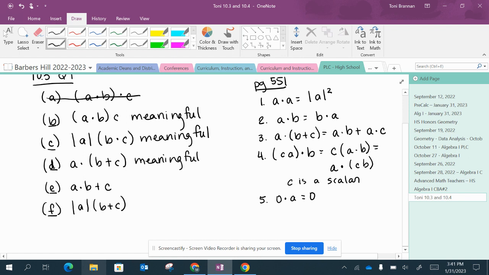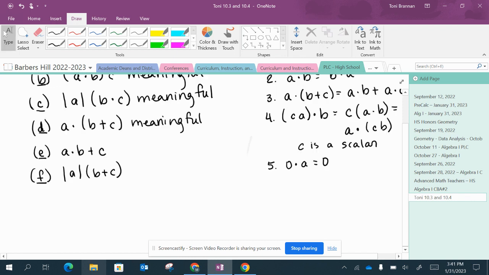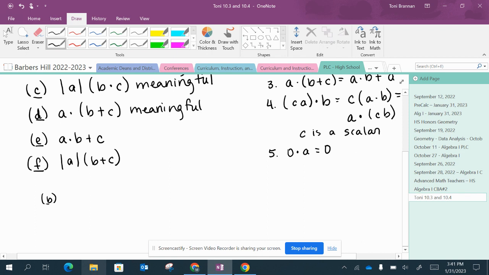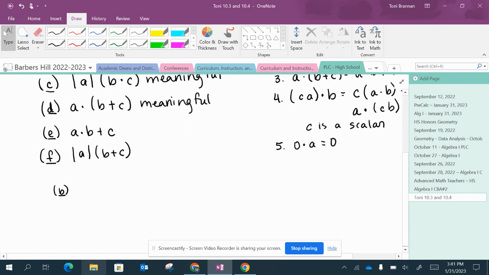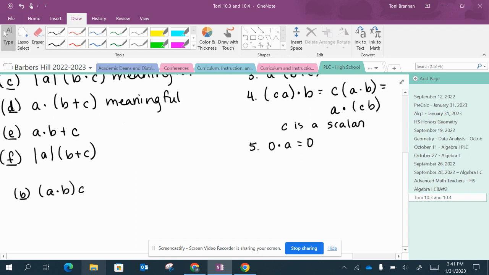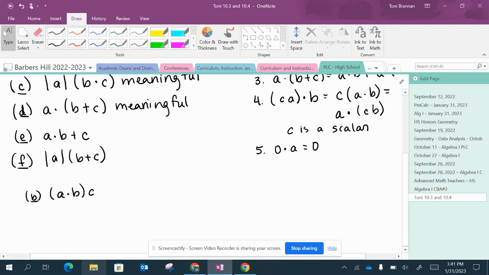B, we have a dot product, and then we're multiplying it times C, like a scalar. Well, if I look hard enough, it looks kind of like number 4. So this is like number 4, because on B, I have the dot product of A and B then times C. Well, if C is a scalar in there, then C can go to the front also, correct?